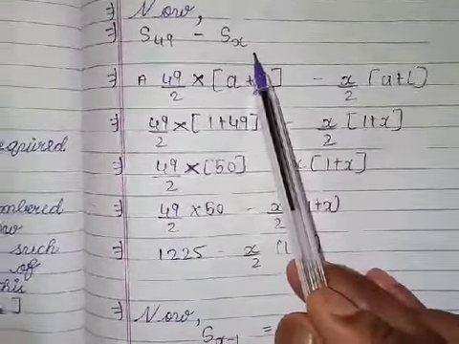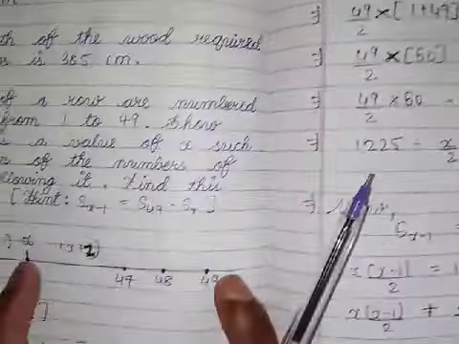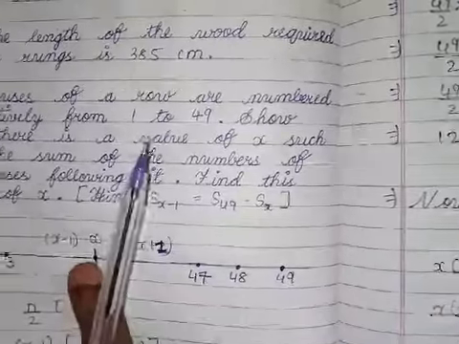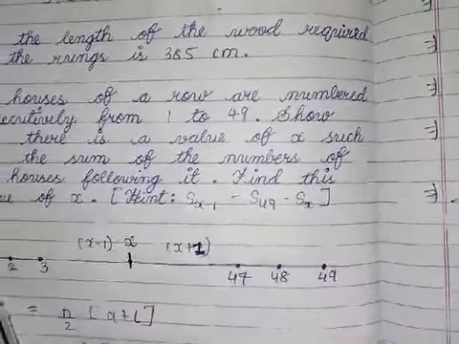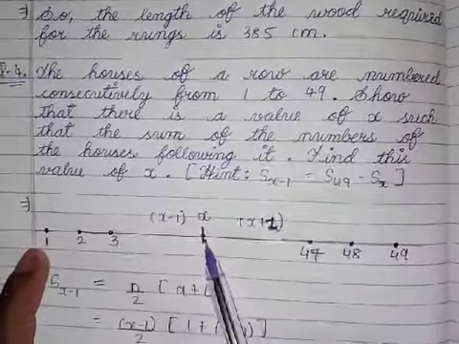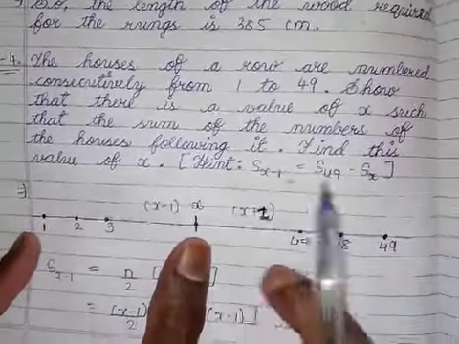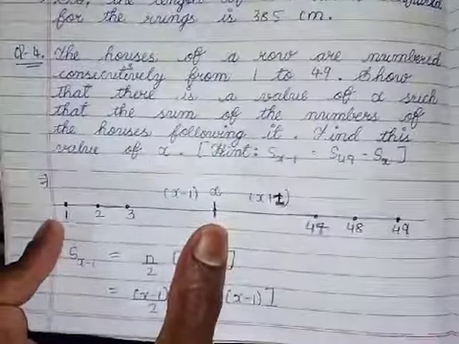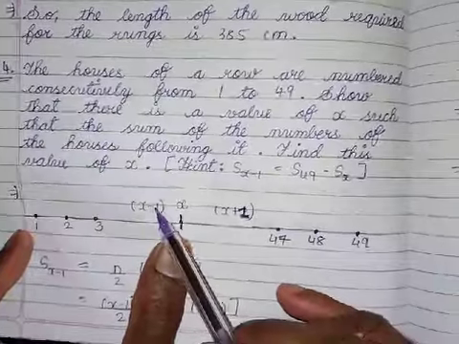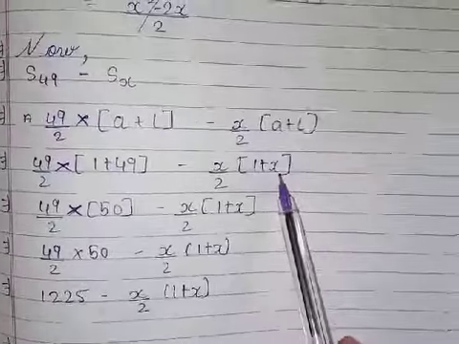From the whole, this much is removed. We start from x, and the number of terms, if we subtract this from the whole 49, will be 49 minus x plus 1. So a will be x and l will be 49.